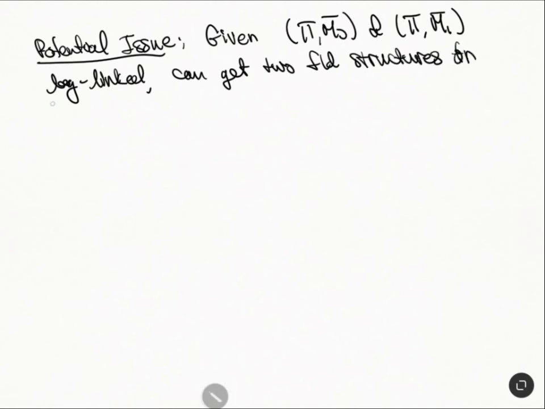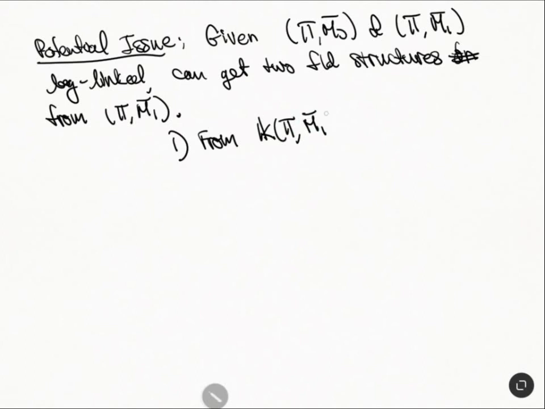Or we can interpret two field structures from pi m1. The first is from pi m1 bar. So this is from the Anabelian Geometry 3.